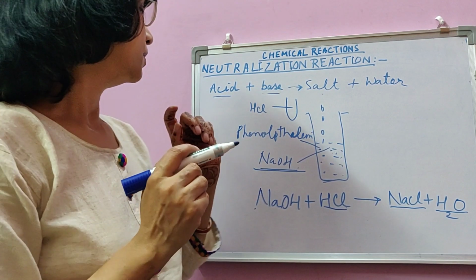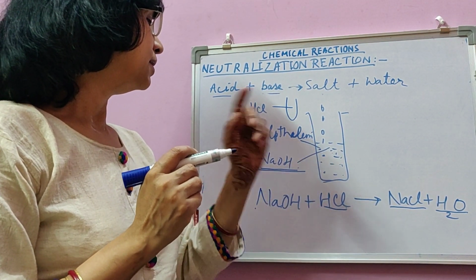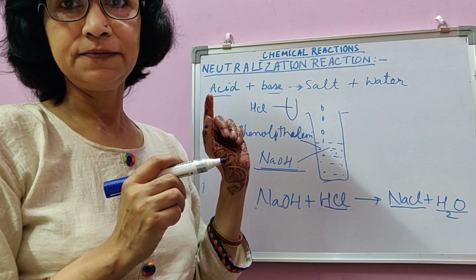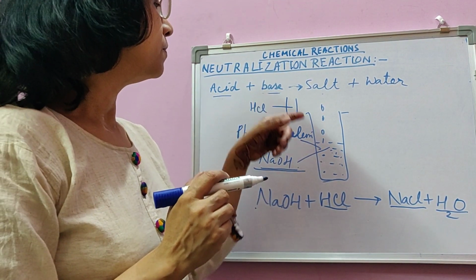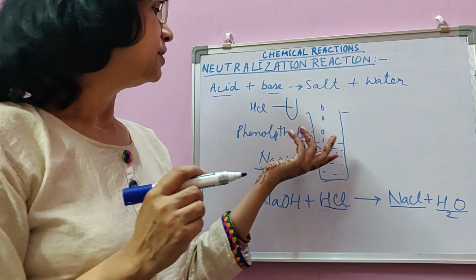salt and water. We can do the same experiment by taking acid in the beaker first and then pouring the base. Every time we pour the base, it will turn pink for a time and then will disappear and stay colorless.